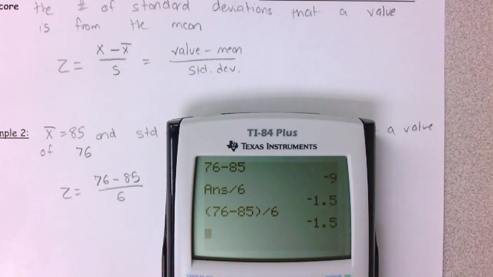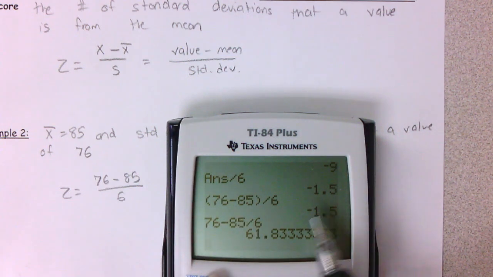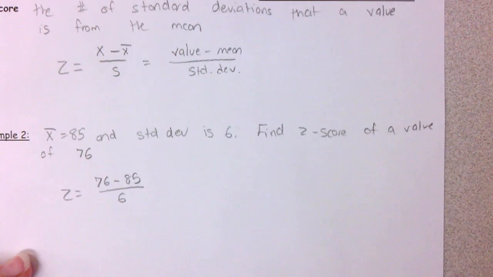But you cannot type in 76 minus 85 divided by 6 because that will get you the wrong number. Typically, z-scores are between -3 and 3. If you get a huge number in the double digits, you probably did something wrong.